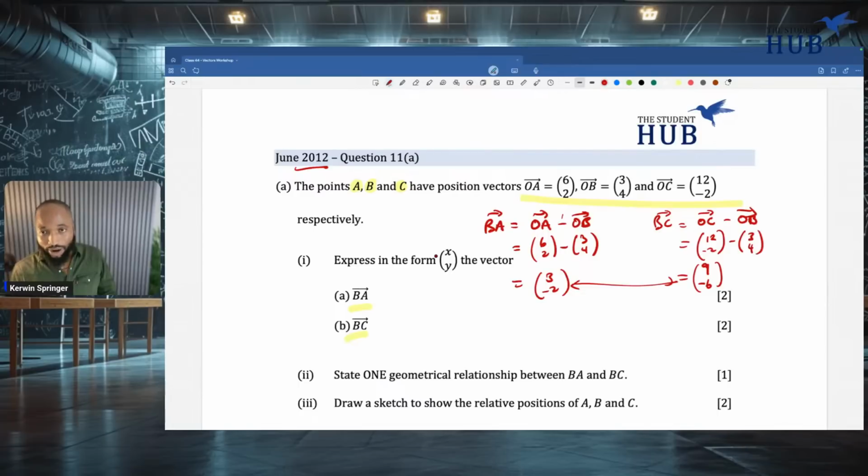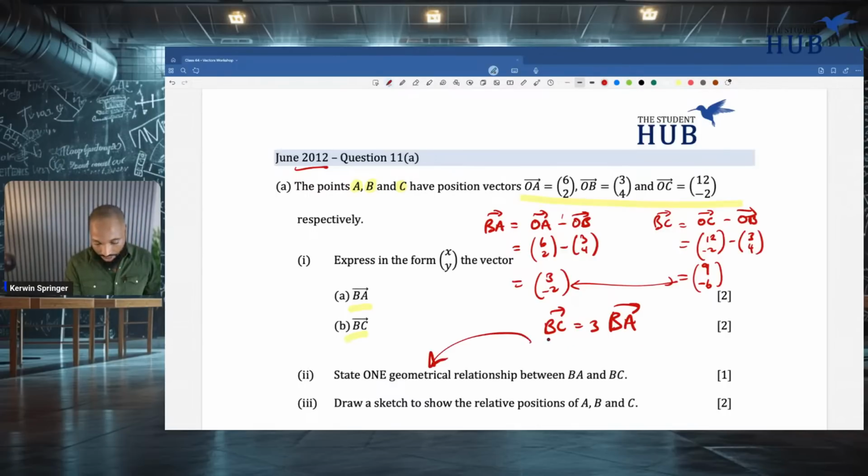So they are parallel. We can see that BC is actually 3 times BA. So that's one geometrical relationship. It's enlarged by 3. It's 3 times the size of BA. But also, they are parallel. Do we know if they are collinear or not?